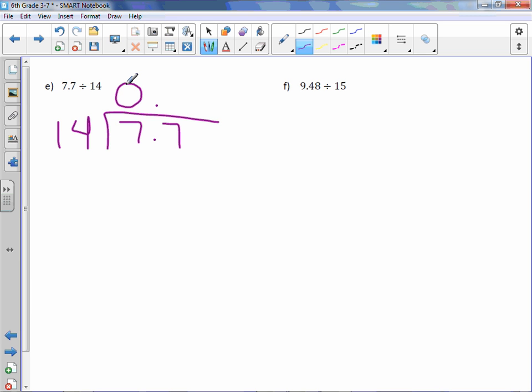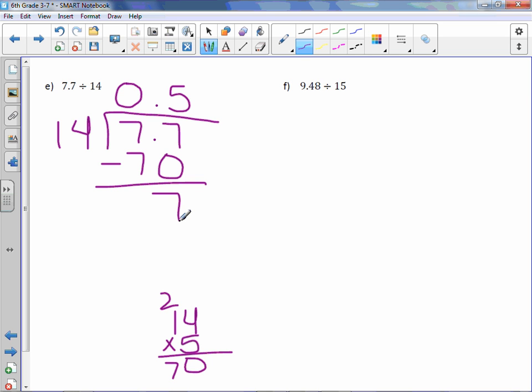Let's try 14 times 5 and see where that takes us. 14 times 5. 5 times 4 is 20. Carry the 2. 5 times 1 is 5. Plus 2 is 7. Looks good.